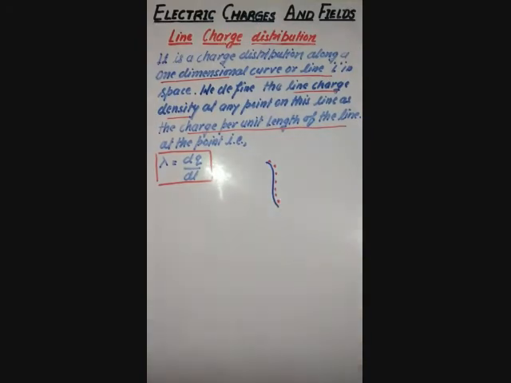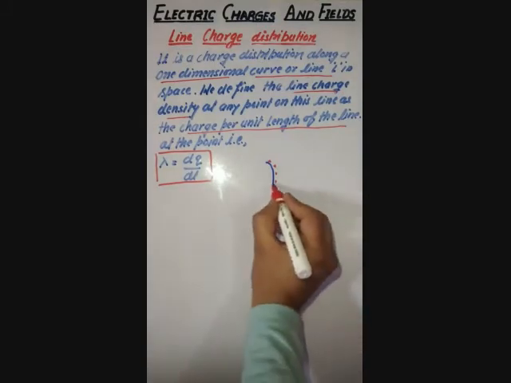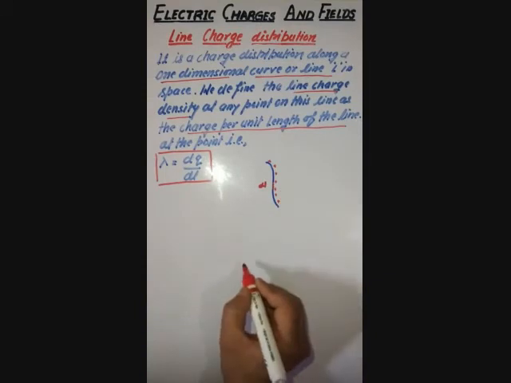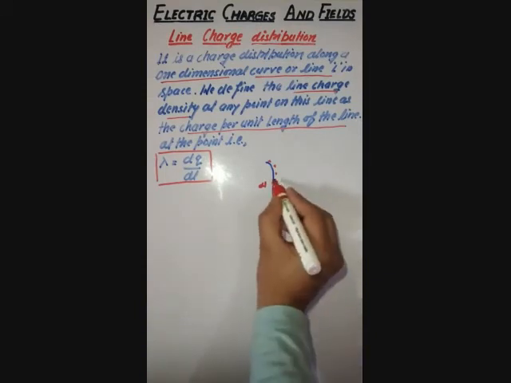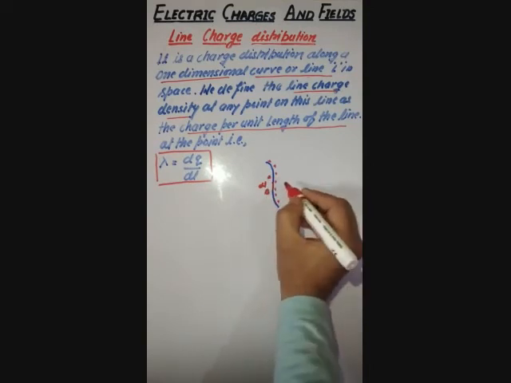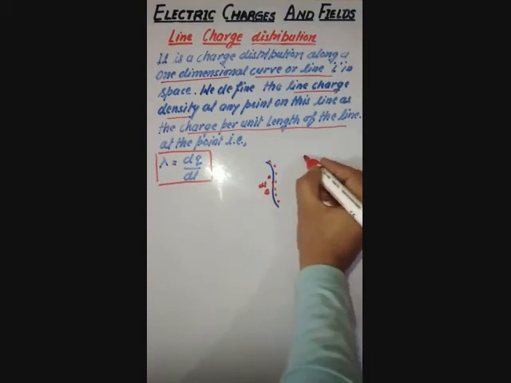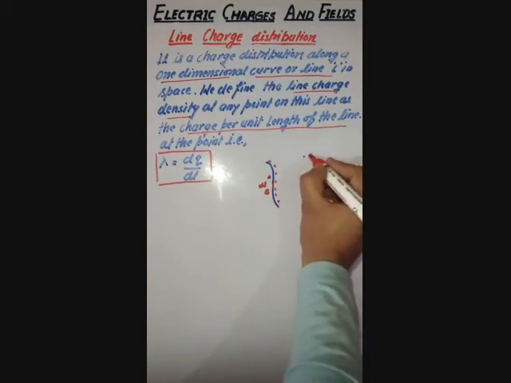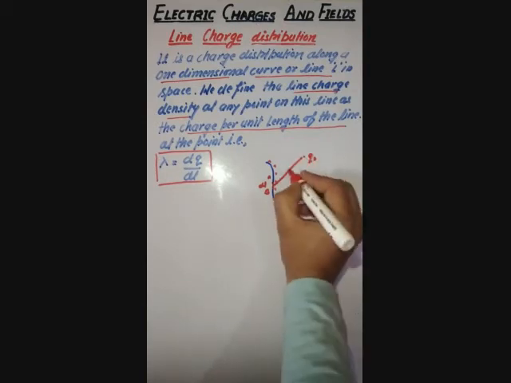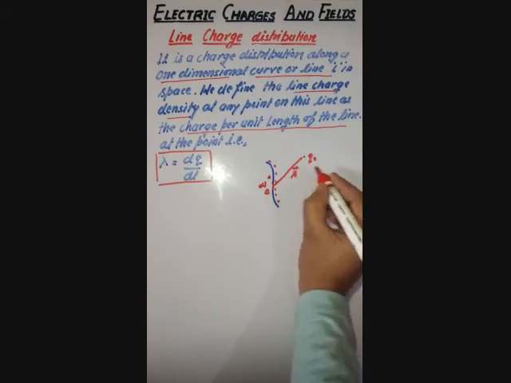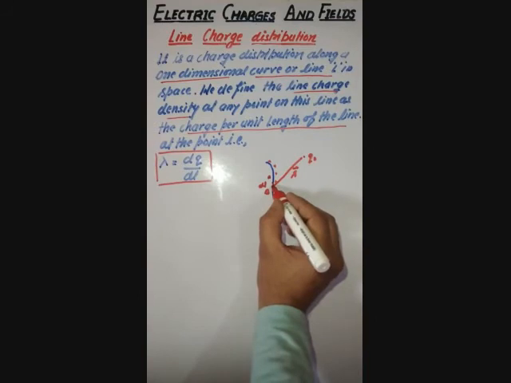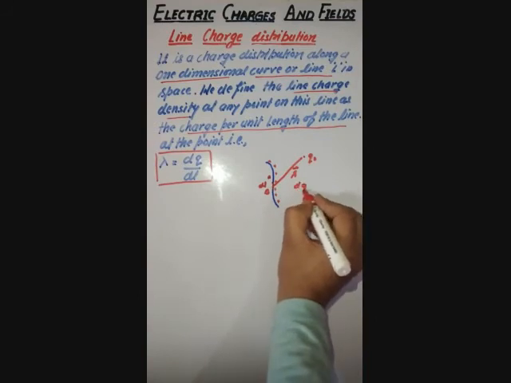We take a small element of length dl. This point is suppose A and this point is B. Another charge q naught is at a distance of r vector. The charge on the dl length is dq.